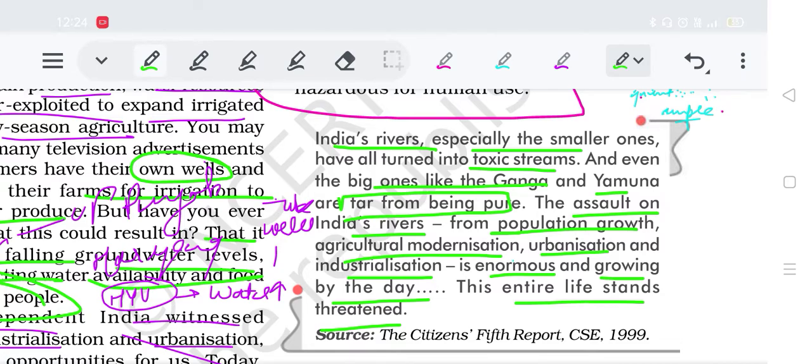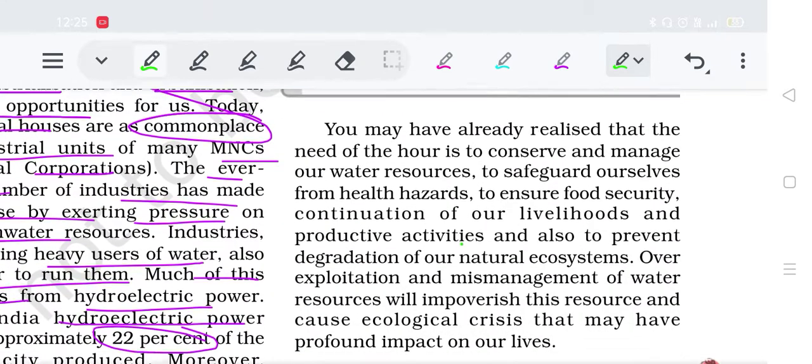We talked about flow, that is only of rivers. Rivers flow, and we are just unbalancing it because we are growing in population, we are industrializing, we are using modern techniques and pesticides. But what we are doing here is misusing, or turning our rivers into toxic streams.